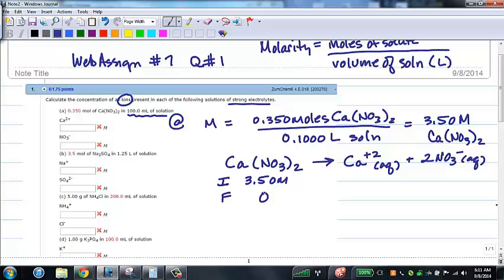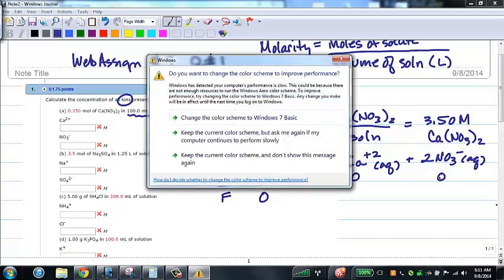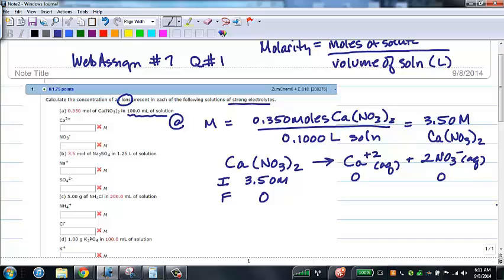That's what it means for it to be a strong electrolyte. All of the calcium nitrate will break apart into pieces, and none of it will be left intact as calcium nitrate pieces. The original concentration of calcium and nitrate in the solvent was 0. No calcium in water. There's no nitrate in water.